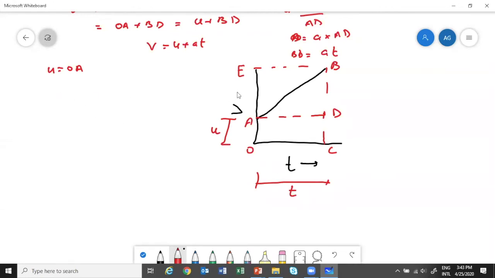The final velocity is V equal to BC. How? BC means BD plus DC. DC is equal to OA, and OA means U.